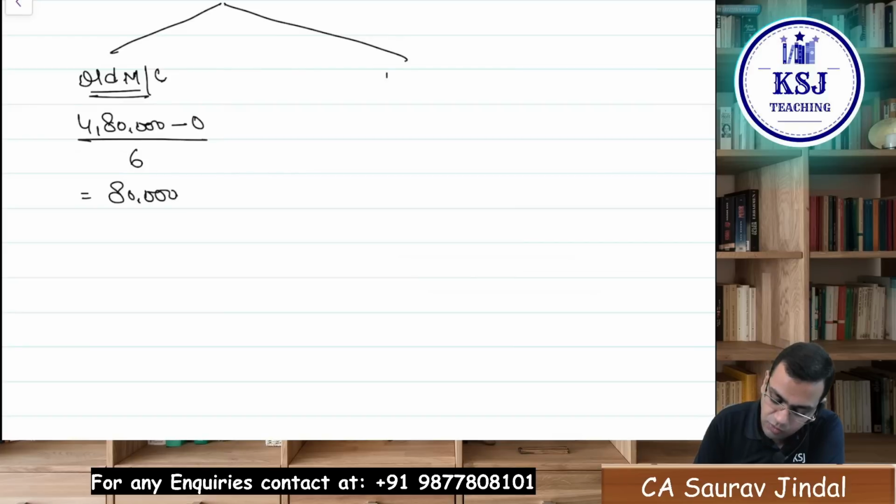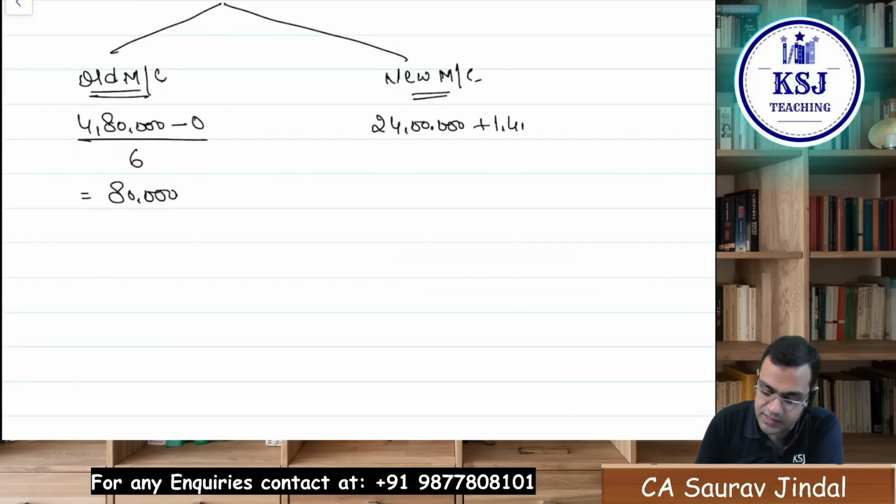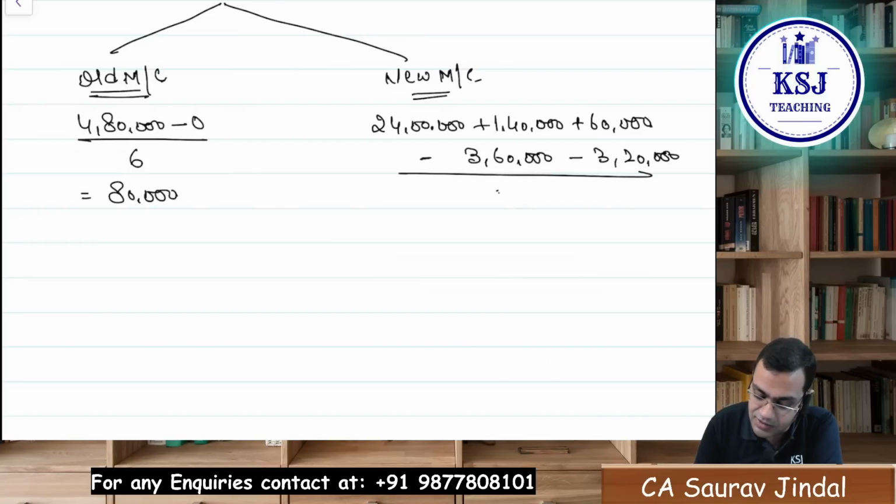For the new machinery, how will you calculate depreciation? What is the value of the new machinery? That is 24 lakhs. Are we going to add testing cost? Yes, sir. It is going to be capitalized. Add 60,000 testing cost. 1,40,000 is training, I guess. Installation cost, right? Minus subsidy of 3,60,000 minus salvage value of 3,20,000 divided by 6 years.